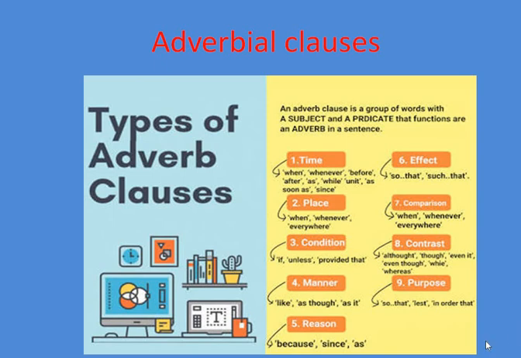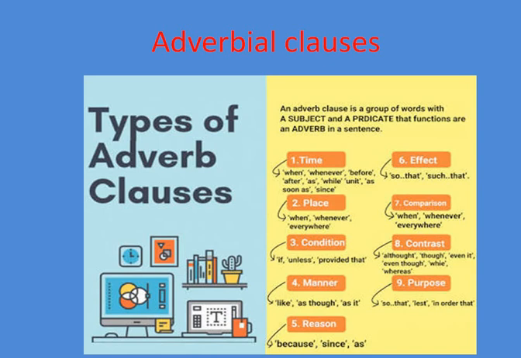Here you can see a detailed list of different adverbial clause conjunctions. For example, if you're talking about time, you can use conjunctions like when, whenever, before, after, as, while, until, as soon as, since.